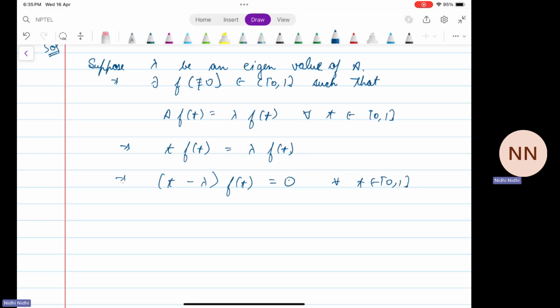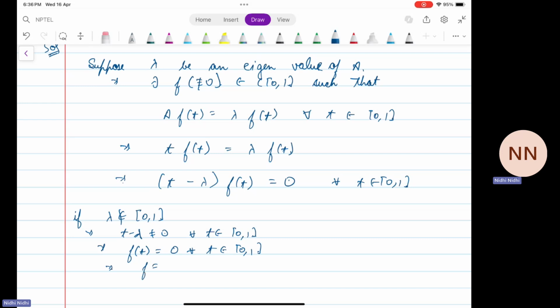Now, if this lambda does not belong to the closed interval 0 to 1, this implies t minus lambda is never 0. That means f(t) should be equal to 0 for every t in the closed interval 0 to 1.